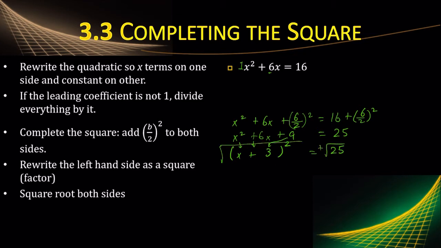Don't forget the plus and minus. And then finish solving. So I'll subtract 3, so it'll be negative 3 plus and minus 5. Now if you can simplify these, do so. Negative 3 plus 5 is 2. Negative 3 minus 5 is negative 8.